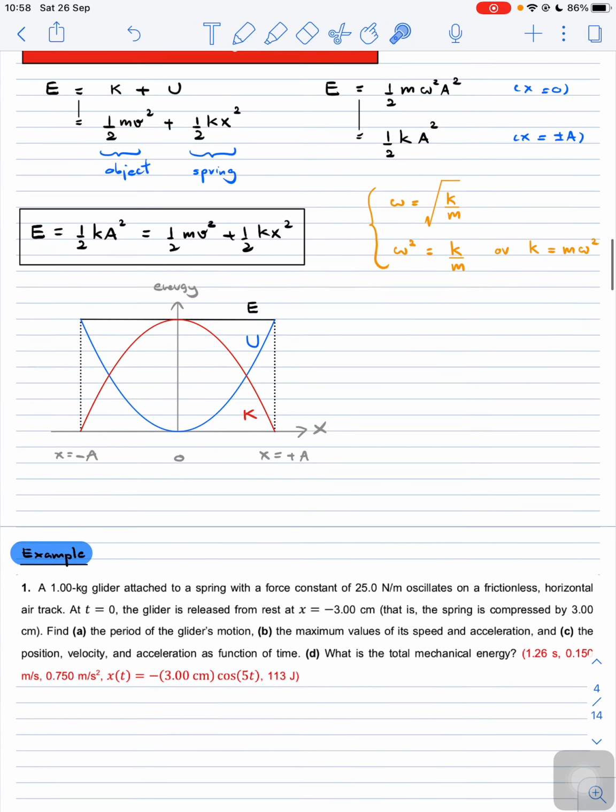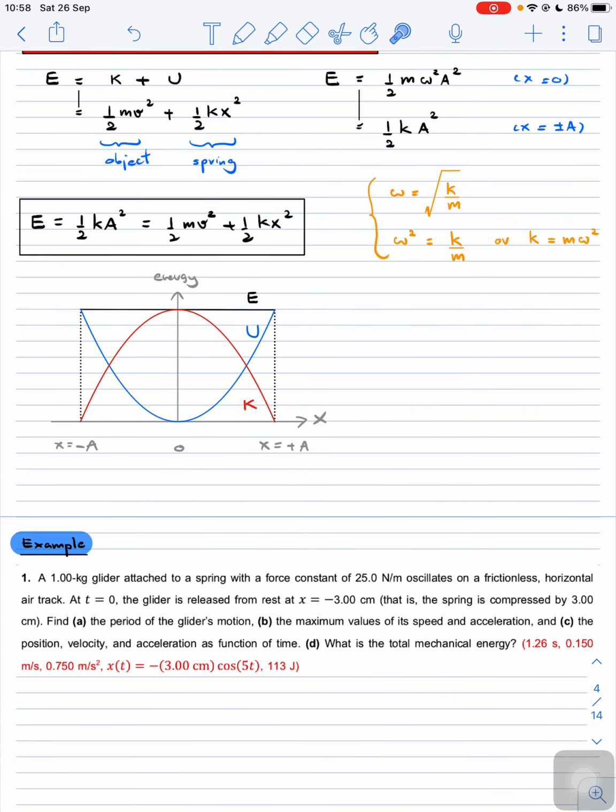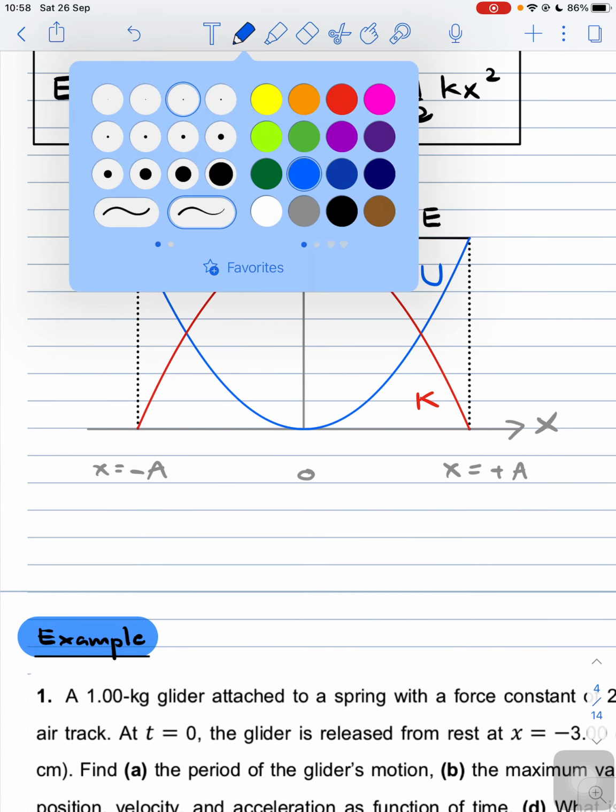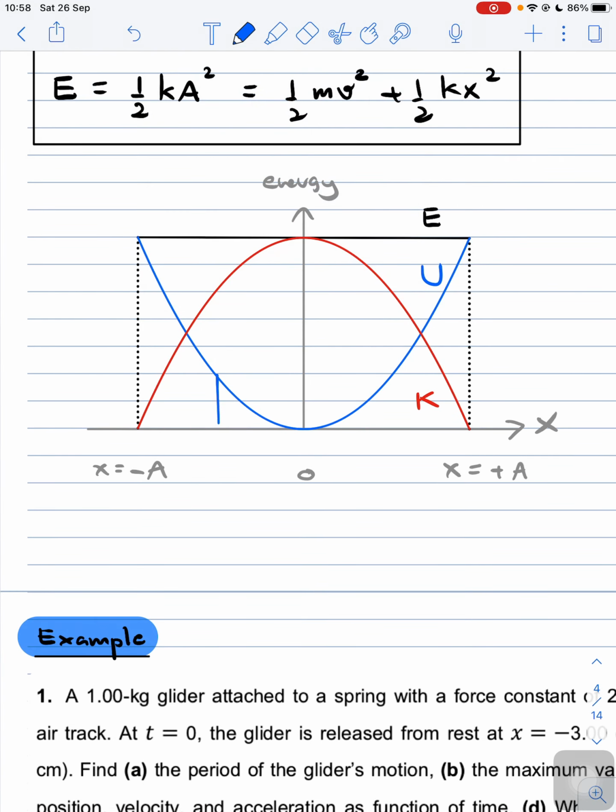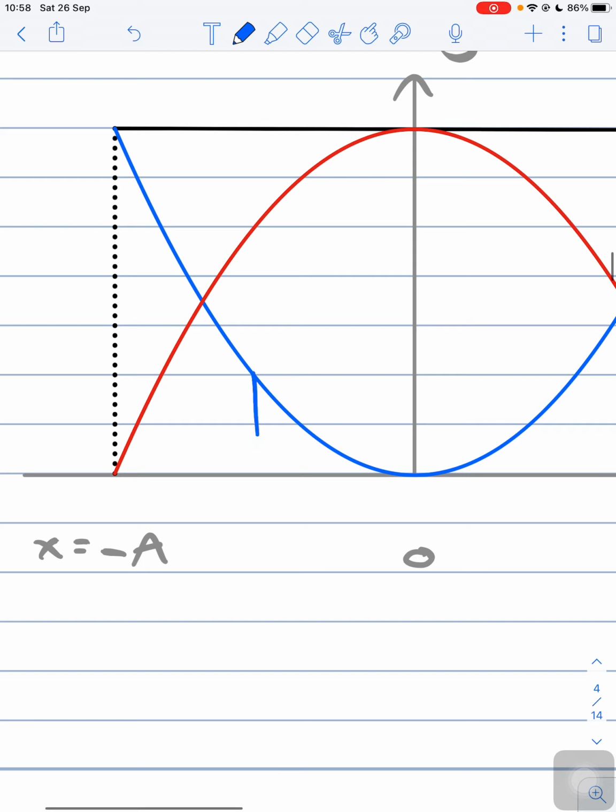So one thing that you can get from this is that k plus u must be equal to E. So maybe we can just consider this length.